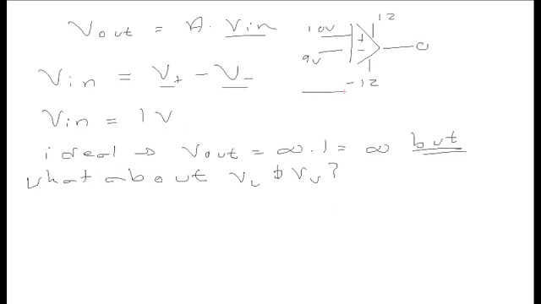If this is the op amp, then Vout is actually going to be plus 12 volts. What happens is, ideally, it would be giving me infinity, but it can't. Positive infinity, to be clear. It has to stop at the maximum, positive 12.